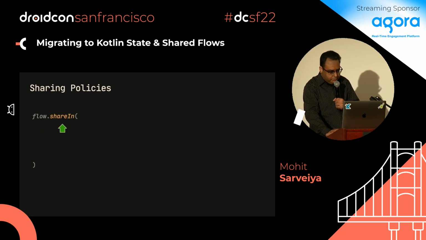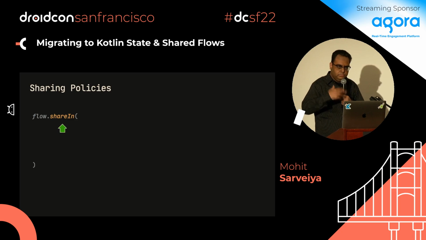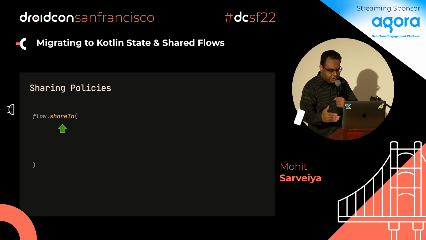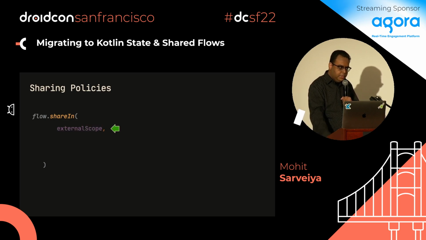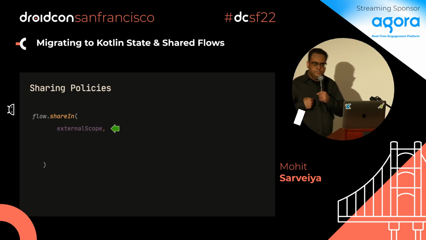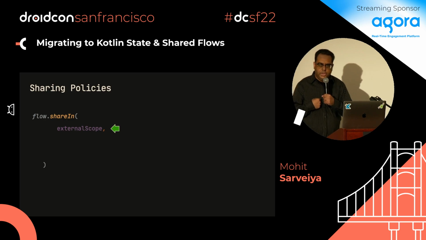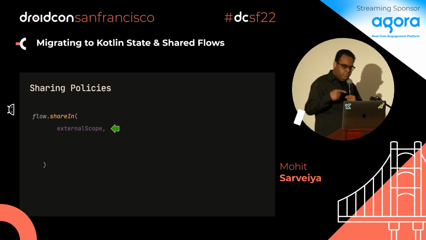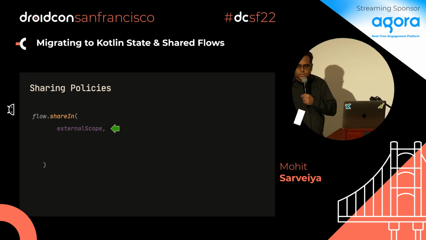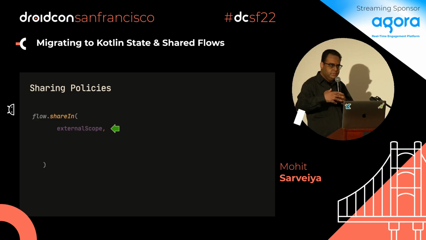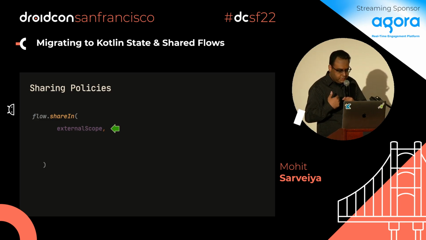So for example, suppose I had a flow, maybe I'm combining multiple flows together, and I did .shareIn to create a shared flow. The first thing that I need to give is some external scope that you would create. Internally, what shareIn does is launch a coroutine on that scope to listen to the upstream flow that I have here.